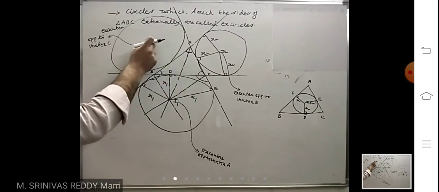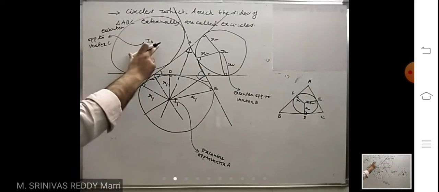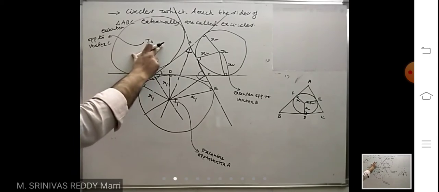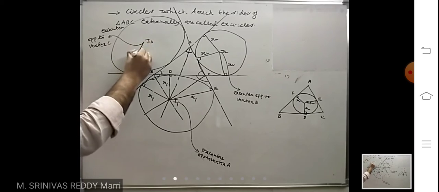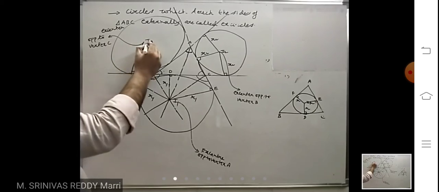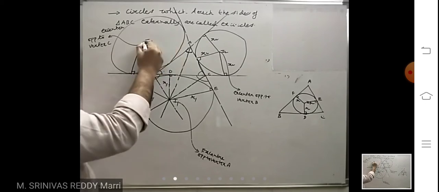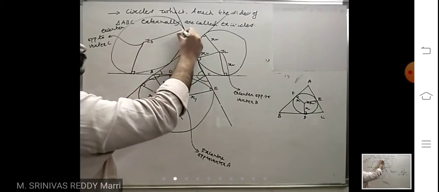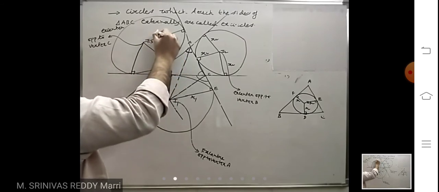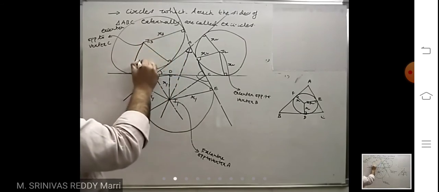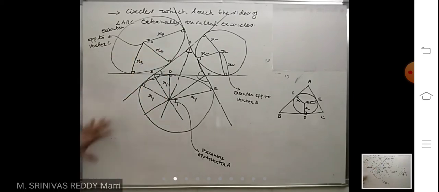Opposite to vertex C, the circle that touches all the sides is called the excircle opposite to vertex C. It will also be equidistant from all the sides, and this distance is equal to R3.